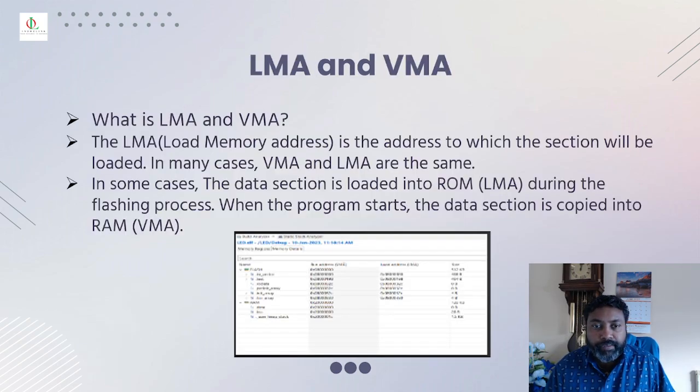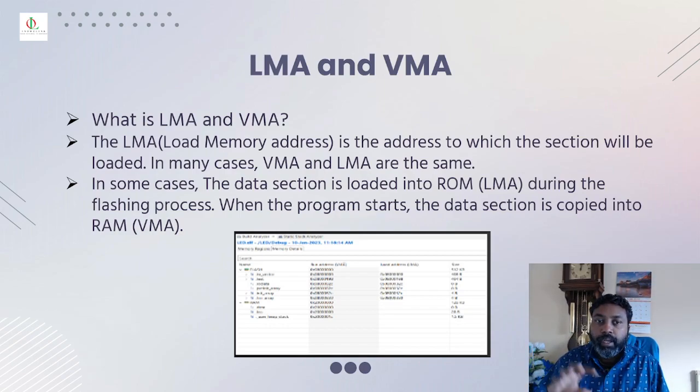What is LMA and VMA? As you saw in the other project, it is written after you write the section, and you need to specify where that section has to be placed, whether in the flash memory or in SRAM memory.